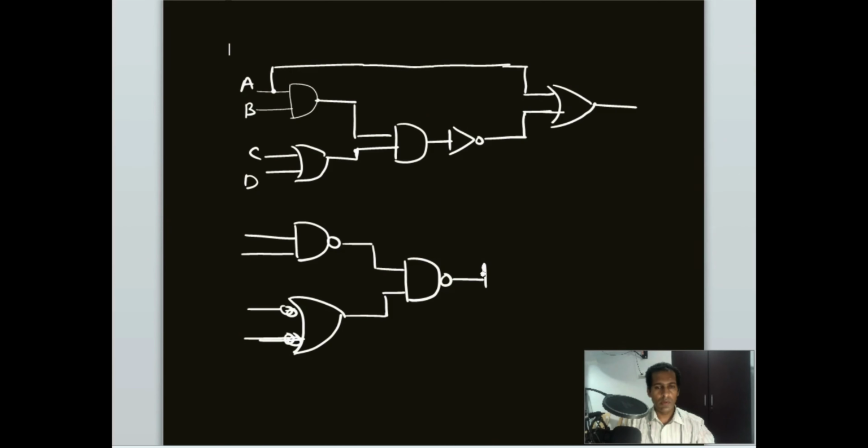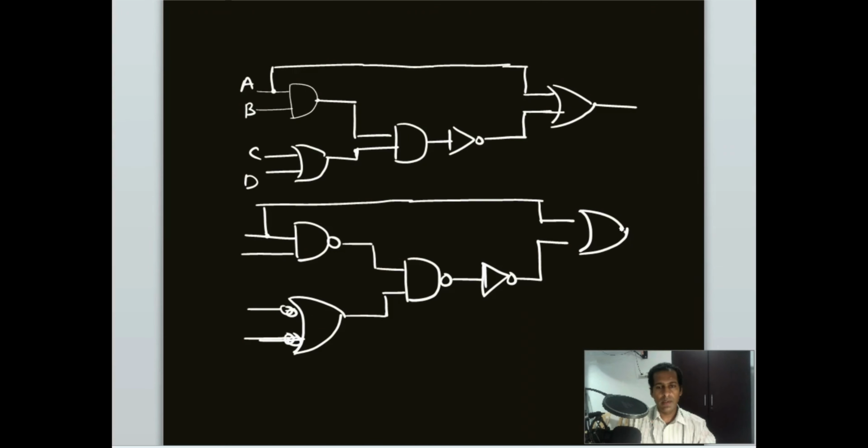This inverter stays as it is, and it gives input along with A to this OR gate. At the input of this OR gate also we give bubbles. Now this is the first stage.